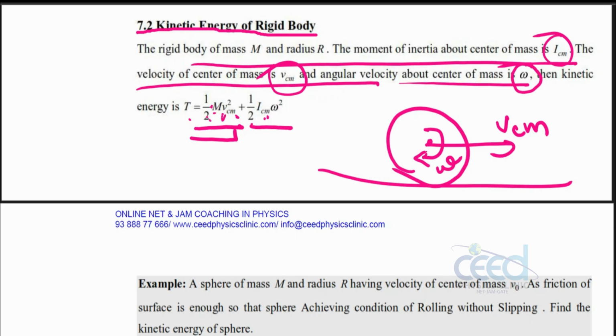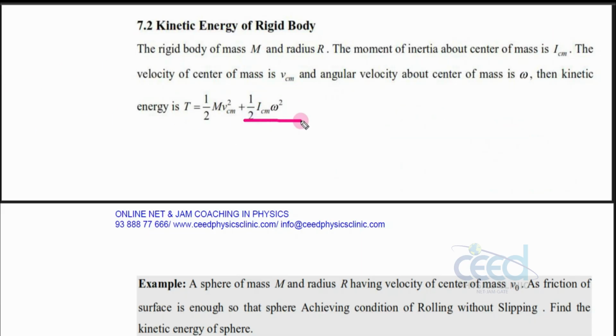This I center of mass is the moment of inertia of the body about the rotating axis. We already saw rotational and translational kinetic energy expressions separately. During rolling motion, it is the sum of rotation plus translation, which gives the total kinetic energy. It's a very simple concept.